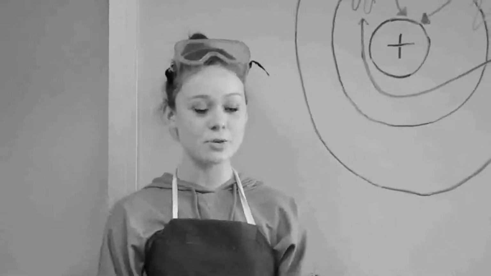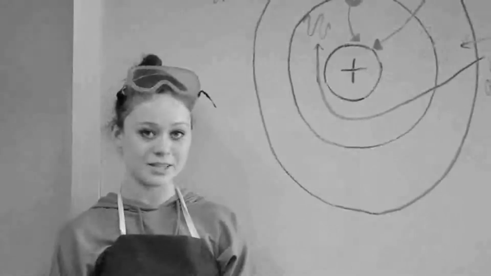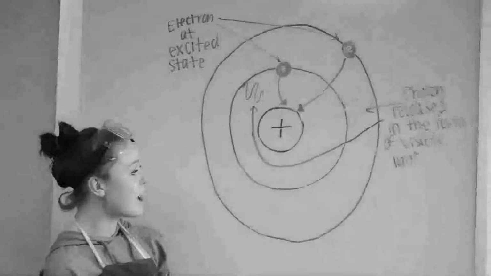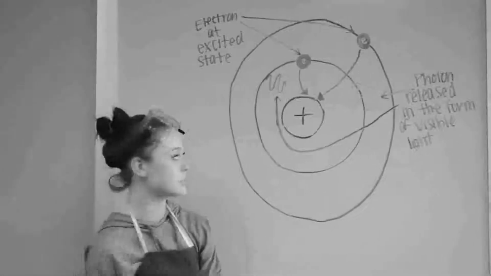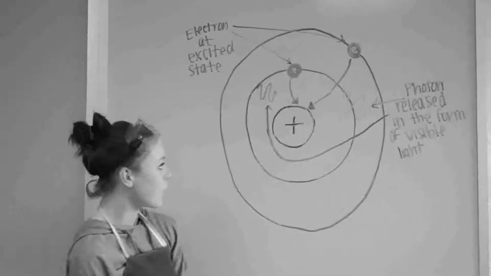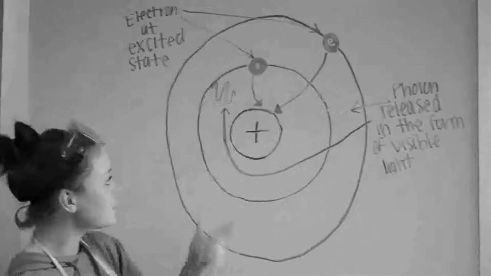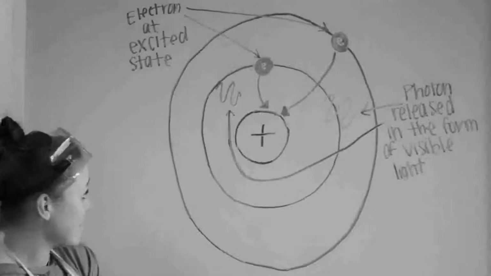Hi, I'm Niels Bohr. I'm introducing to you the model I created based on the experiment I conducted. It concluded that atoms have different energy levels. When an electron in the ground state gains energy, it is moved into the excited state.